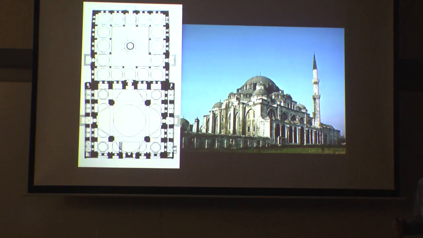Which direction in the plan are we looking at the building from here? Why don't you point it out maybe? Well, you're going to have to look for a fairly large mass of masonry that would support the minaret.